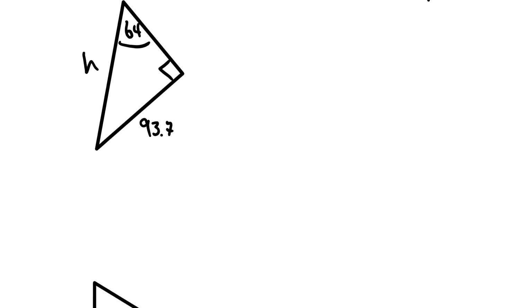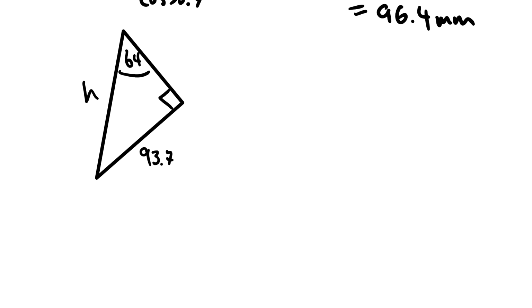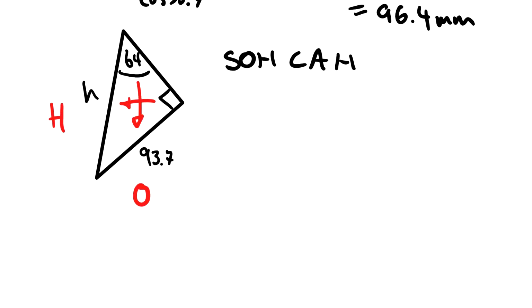Alright, so we'll do another one here. Same thing, let's start by highlighting what we have. So that's opposite because it's a straight line from 64, and a straight line from the right angle here means this is our hypotenuse. If I write SO, CA, TOA, we have an O and an H, so I know we're dealing with SO.